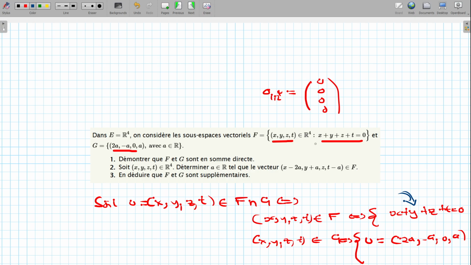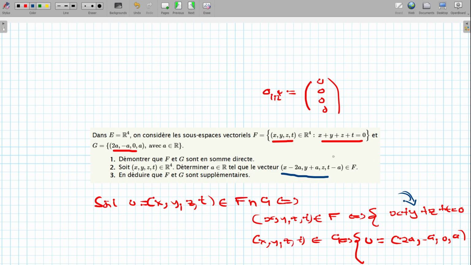It is this condition: x plus y plus z plus t is equal to 0. That's the condition that ties everything together. That is the only condition that is going to help us determine if a vector is in F. So what value of a must we choose such that this vector should satisfy this condition?